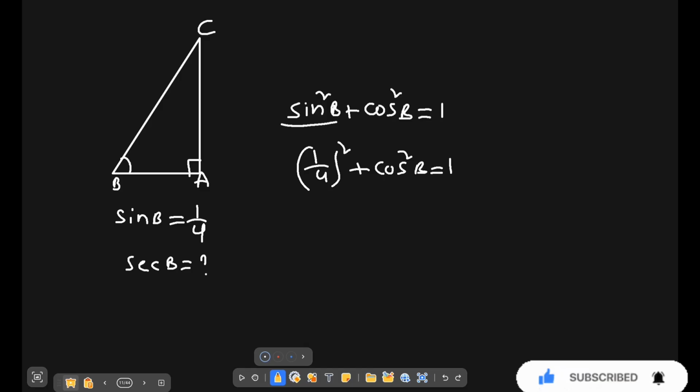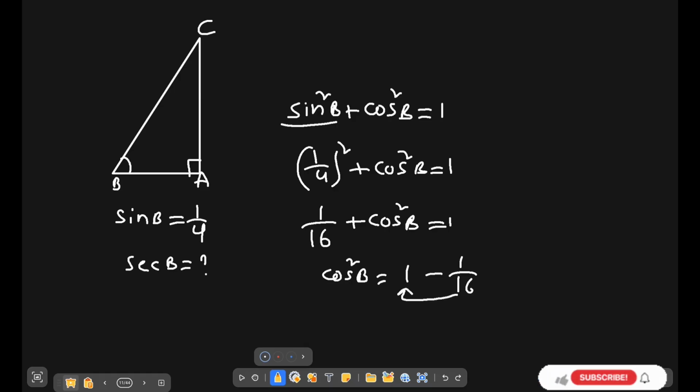So 1 square is 1 and 4 square is 16. 1 by 16 plus cos square B is equal to 1. Send 1 by 16 to the right side. Cos square B is equal to 1 minus 1 by 16.